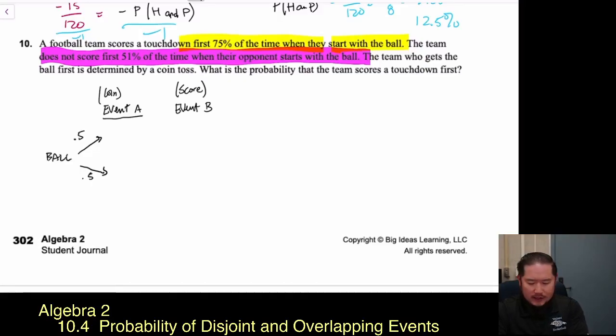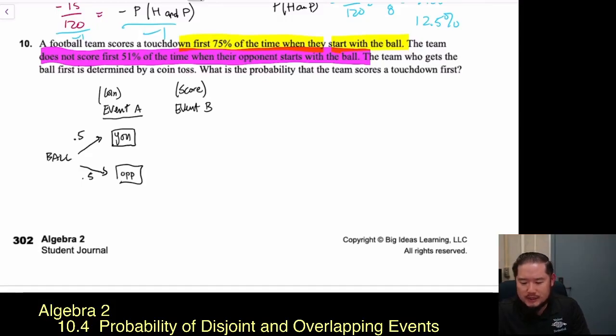So in event A, either you get the ball, and I'm going to put you right here, or your opponent gets the ball, and I'll put opponent down here. So that splits it up. Ball, 50-50 chance.